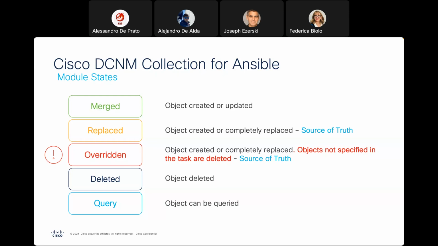That means that those 2 networks are going to be created or updated, but all the other ones that I have in NDFC are going to be removed. Something very dangerous. My take on this is that you should not use overridden. You should use it only if you're extremely sure about what you're doing, because it's very dangerous.